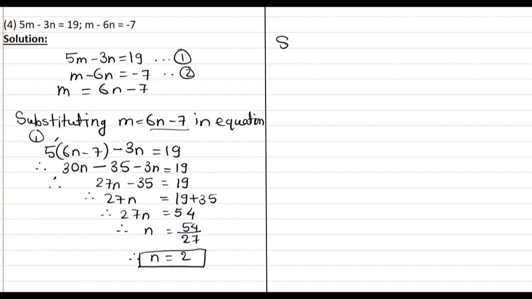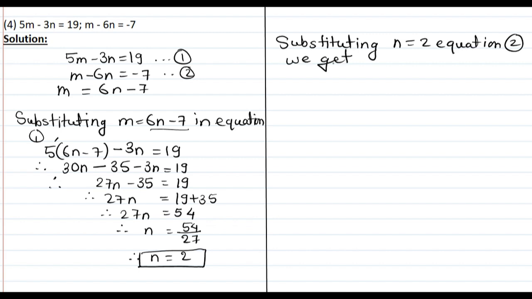And now again substituting the value in either of the equations. I am substituting this value in equation number 2. So substituting n equals 2 in equation 2, we get m minus 6n.